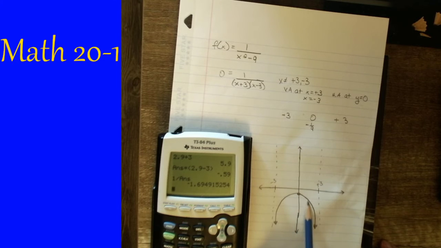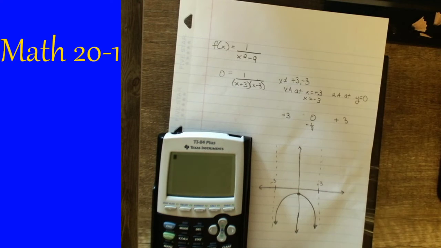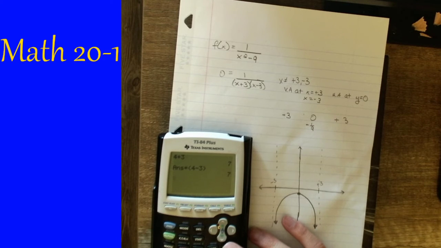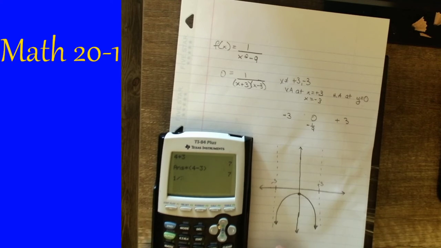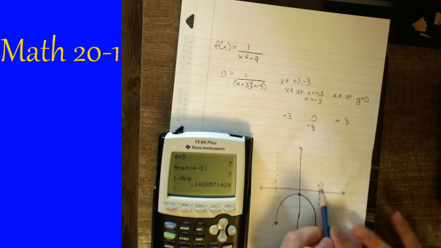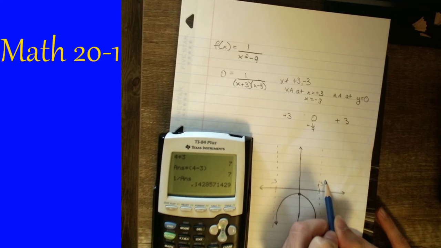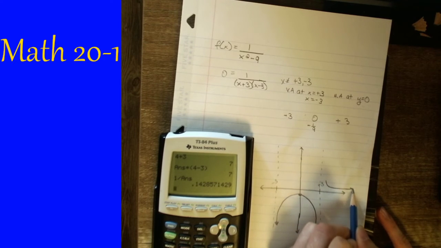So it's approaching negative infinity, we might say. Then maybe we try 4. 4 plus 3. So I want to know actually what happens over here. 4 plus 3 multiplied by 4 minus 3, positive number, and then 1 over that. Still positive. So over here, it looks to be doing this.